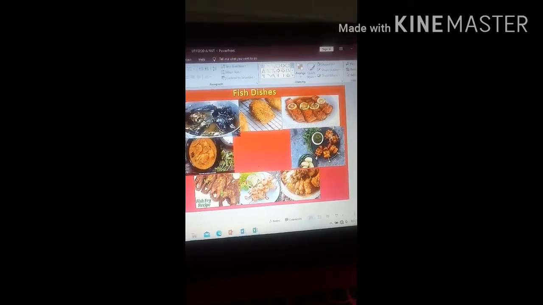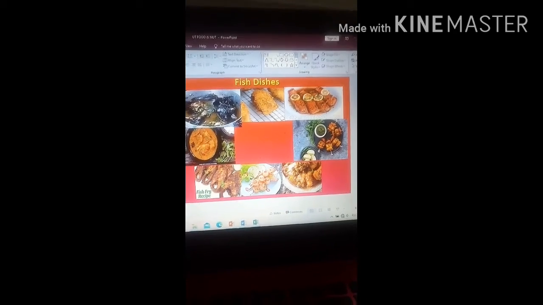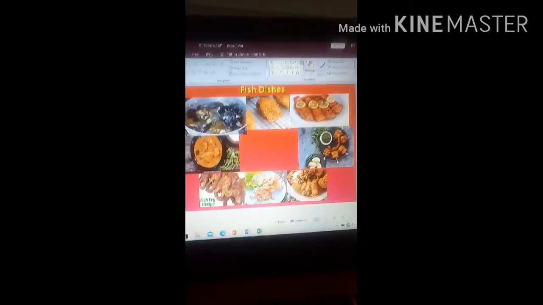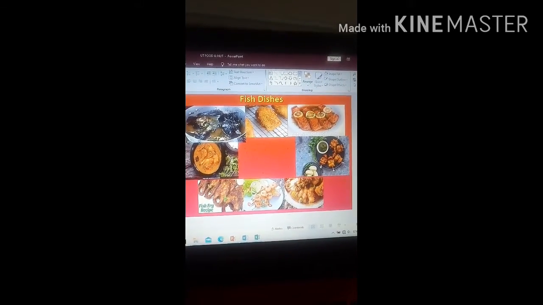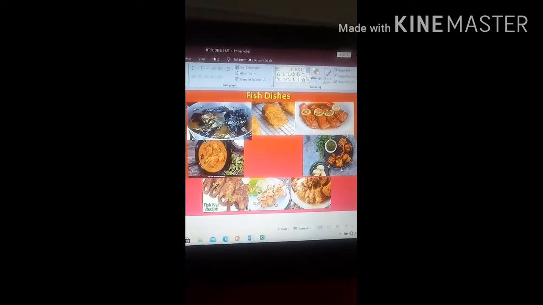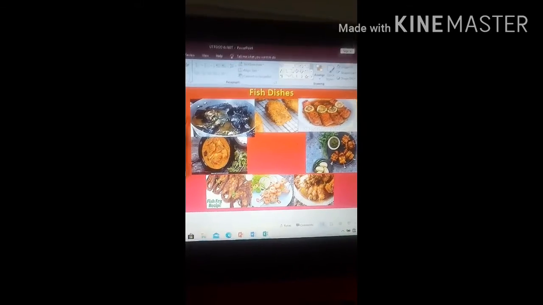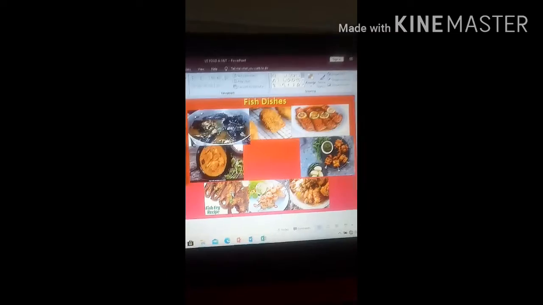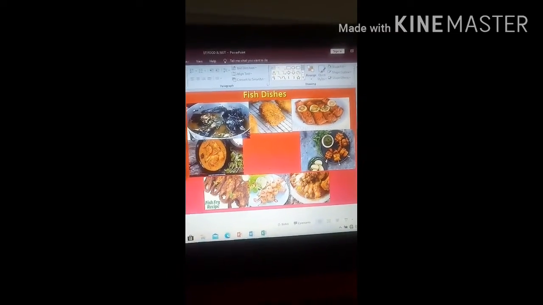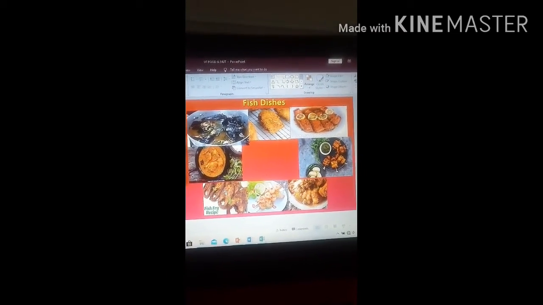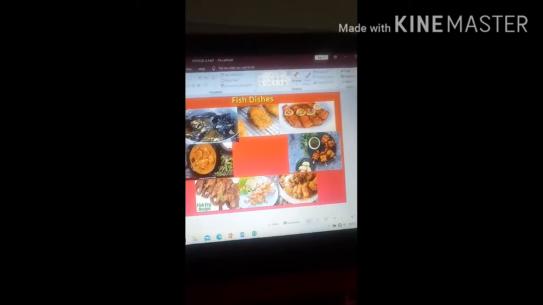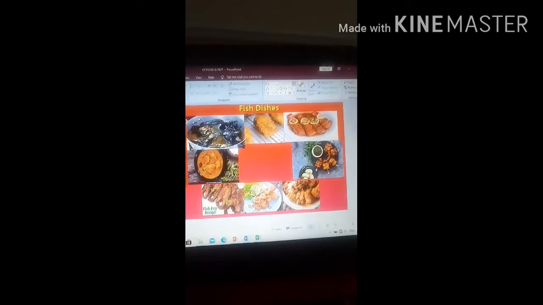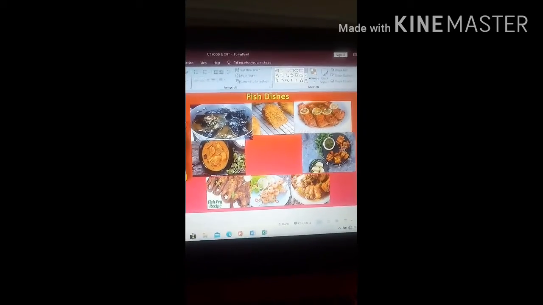Then this is stick fish. This is stewed fish. Then this is another stick prawn. This one is prawn. Then this is fried fish. This is coated as well, but not like this. This is fried fish. So these are different ways in which you can prepare your fish, and these are different fish dishes.